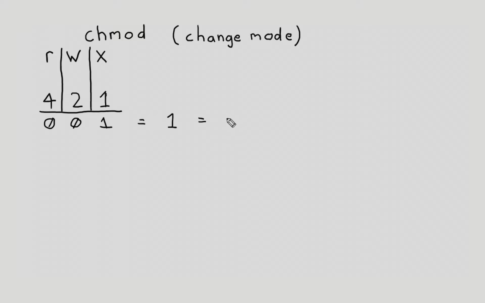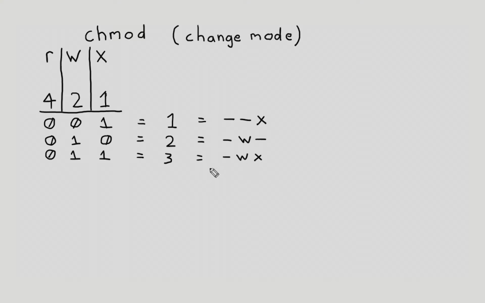So that would equal no read, no write, but execute. 0, 1, 0 is equivalent to 2, which equals no read, yes write, no execute. 0, 1, 1 is the decimal number 3, which equals no read, yes write, and yes execute.